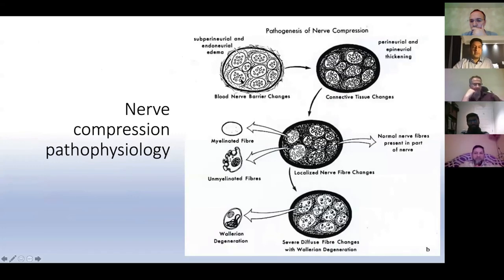You start off with changes in the blood-nerve barrier, you get compression and edema, which leads to thickening, and essentially what it does is it leads to localized nerve changes. You get an influx of these inflammatory cells, which otherwise were not able to get inside. They lead to increased permeability and start to cause breakdown in the nerve. And that will eventually progress to Wallerian degeneration.